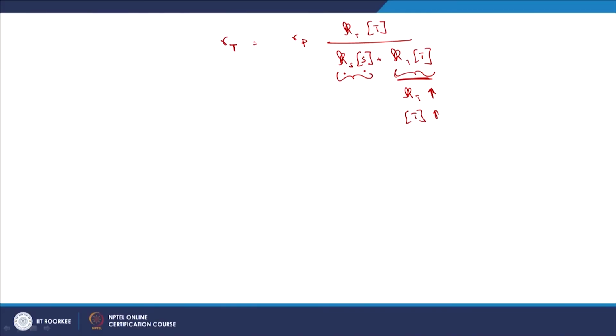Either the target concentration is high relative to the concentration of scavenger, or the kinetics of hydroxyl radical reacting with the target is faster compared to the kinetics of hydroxyl radical reacting with the scavengers, right. So, in that case, if this variable is high, what would it turn out to be? Rt would more or less be equal to Rp, right. In that case obviously the system would be efficient.